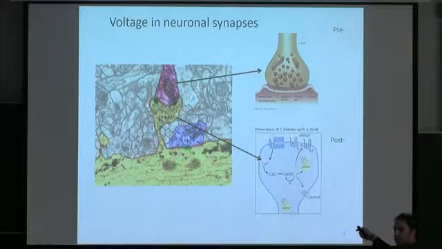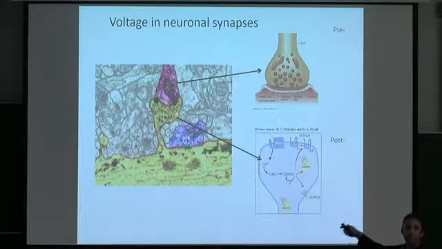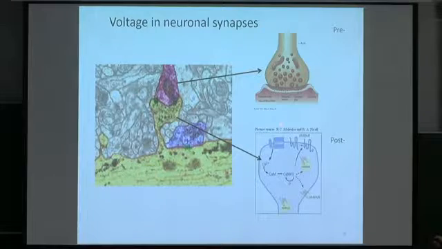And in the last 5-10 years there was some evidence that diffusion is not necessarily enough. You can have also the effect of the electric field that is pushing, for example, if we think about an excitatory connection, glutamate, which is the excitatory neurotransmitter, to some specific spots here, which are called receptors.